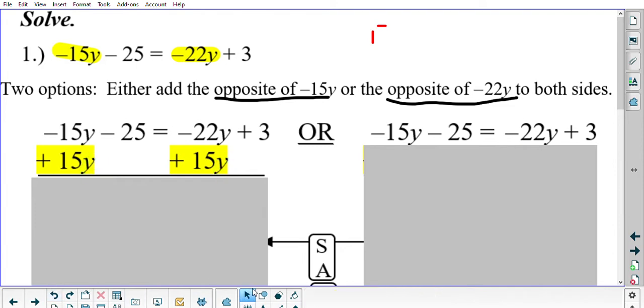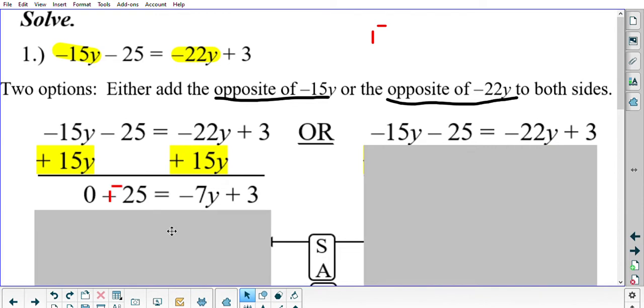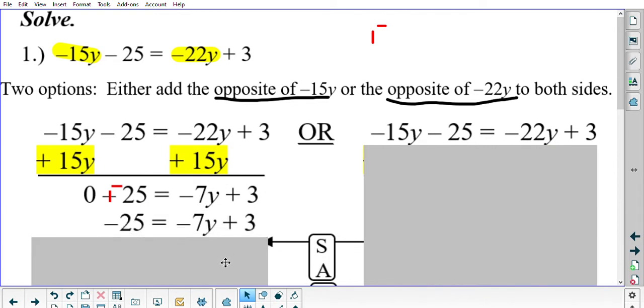So, the debatable thing today is when do you need to make subtraction out of the opposite, when do you not? If you add by 15y on both sides, are you going to realize that that minus to the left of the 25 is why it becomes negative 25?